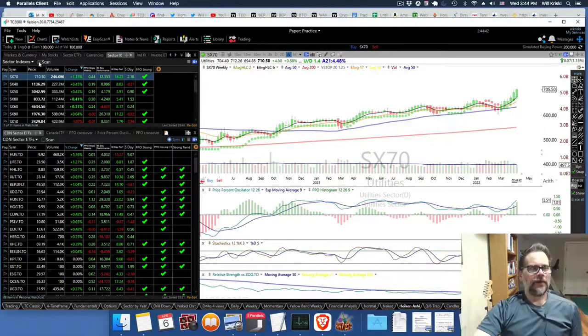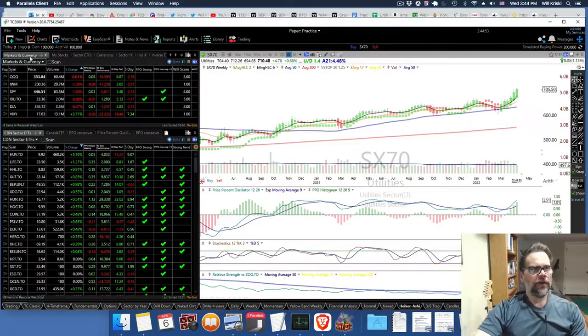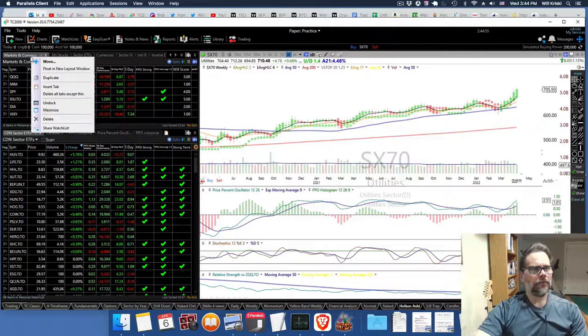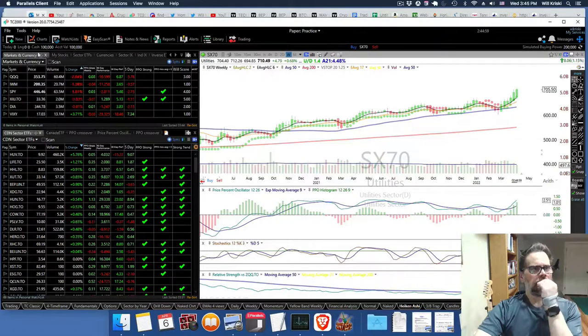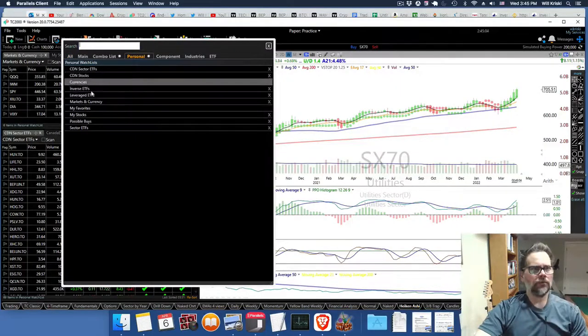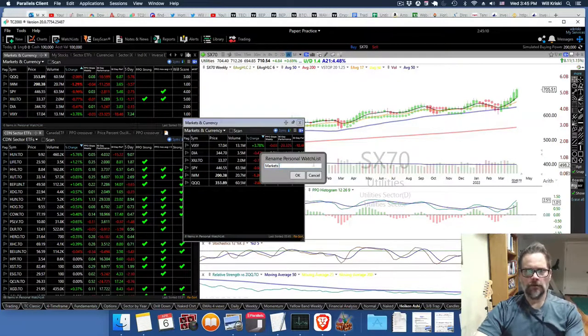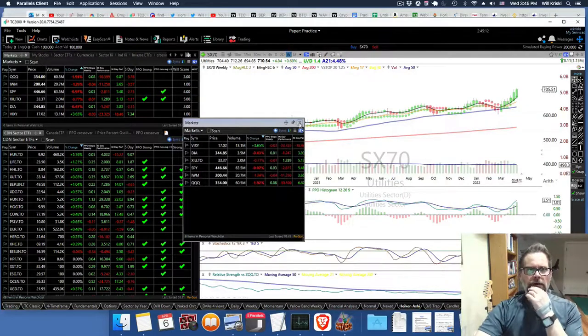And you could scan. That's what I like about TC2000, you can scan anything that you create. For the markets and currency tab, I'm going to rename that. If I go to my personal watch list and right click on markets and currency, I'm going to get rid of the currency and say markets.